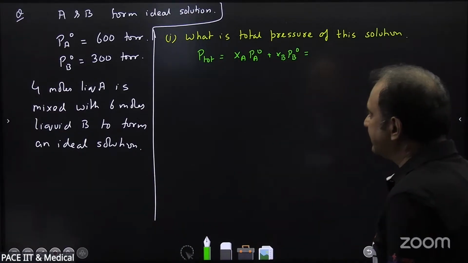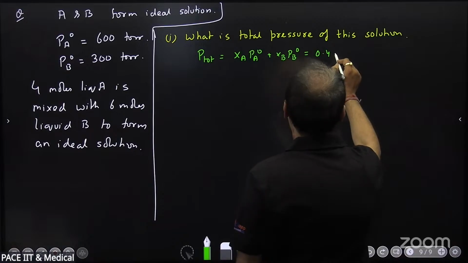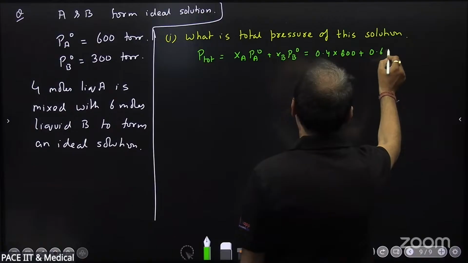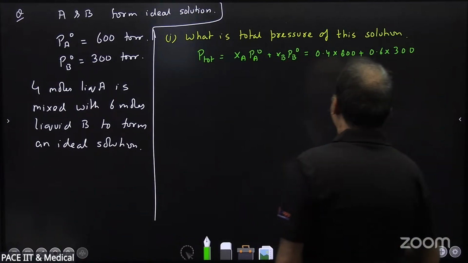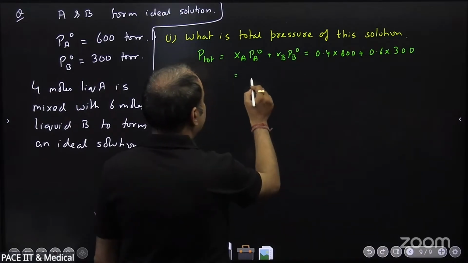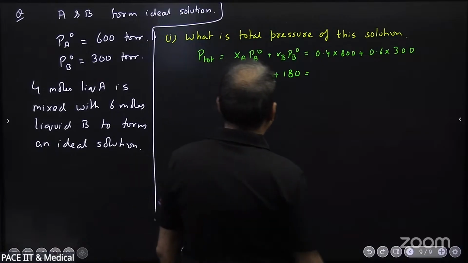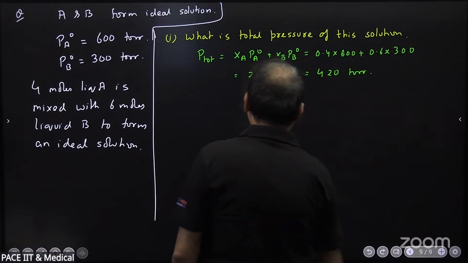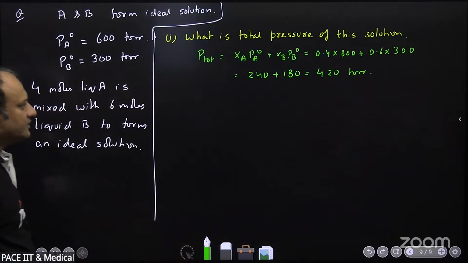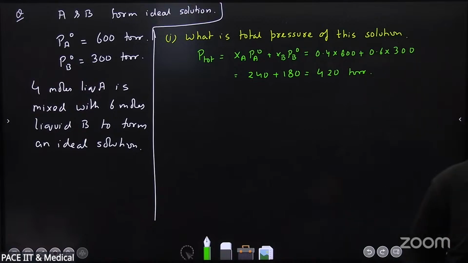XA and XB, you can see, are 0.4 and 0.6 respectively. So 0.4 into 600 plus 0.6 into 300. So this becomes 240 plus 180, which is 420. Okay. So this is the total pressure this solution can exert.